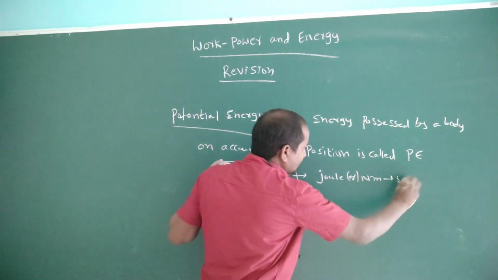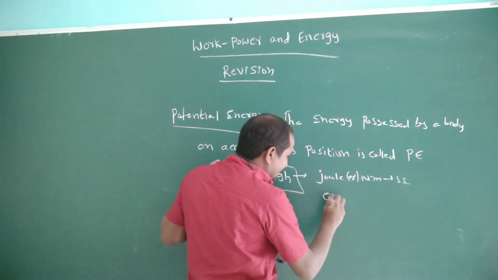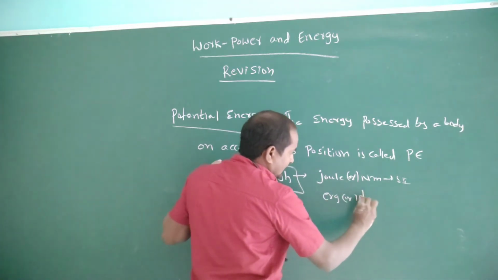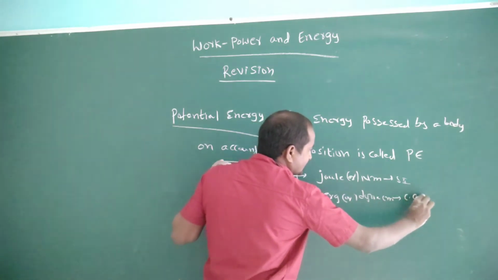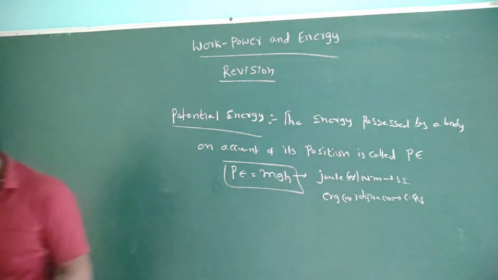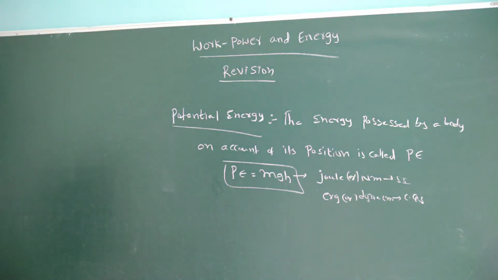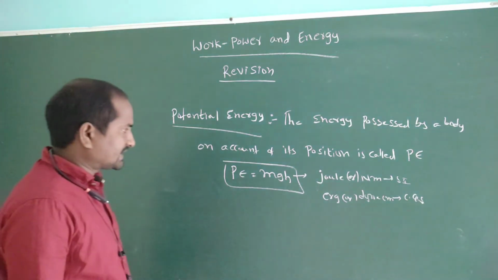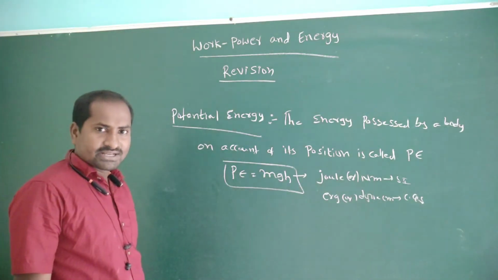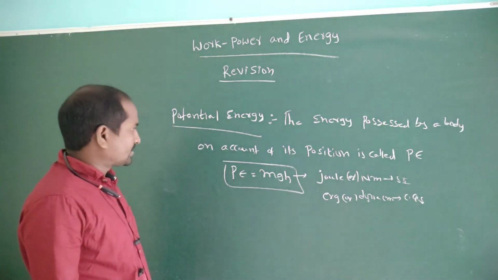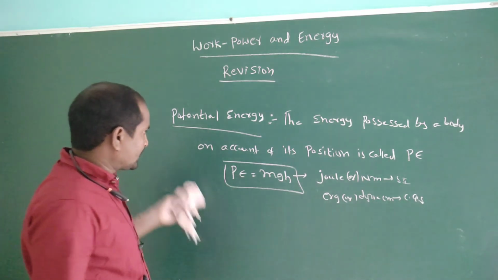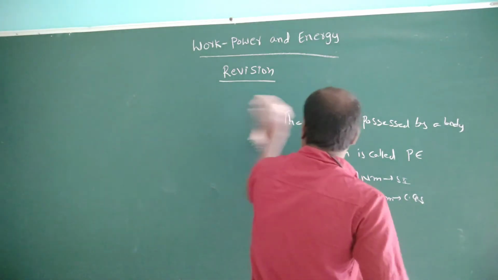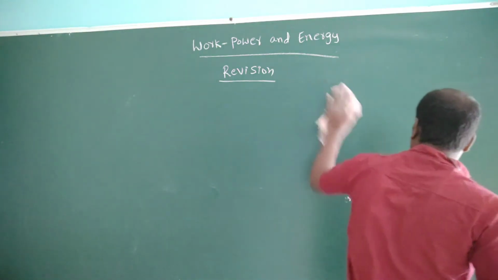Next erg or dyne centimeters, these are the CGS units for energy. Here P equals mgh, it is the equation for the potential energy. The energy possessed by a body on account of its position is called potential energy. P equals mgh.